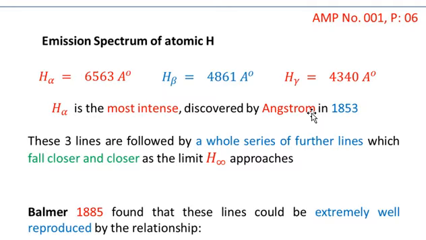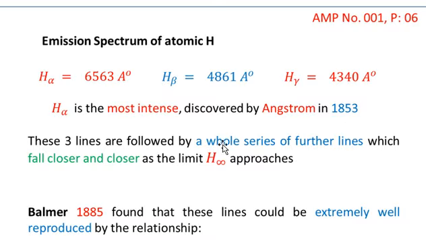These are very historically important wavelengths. H alpha is the most intense, discovered by Angstrom in 1853.